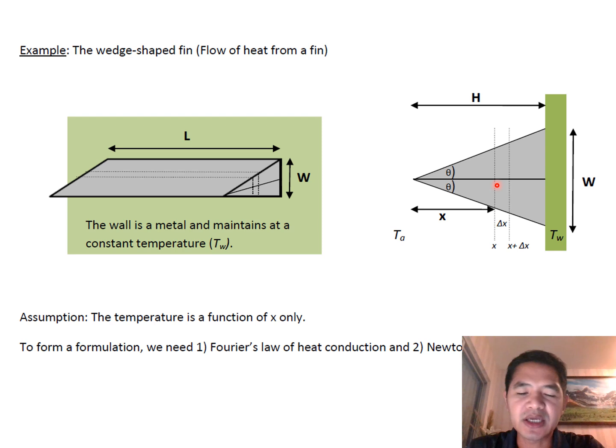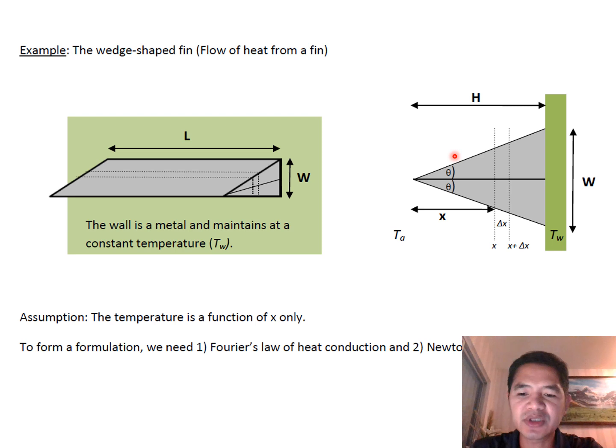From this system, if we want to find the temperature profile along the x-axis, we have to formulate the formula for the temperature along the x-axis. To do that, you have to know Fourier's law of heat conduction and also Newton's law of cooling, because heat conducts along the x-axis, and there is also heat loss from the surface.